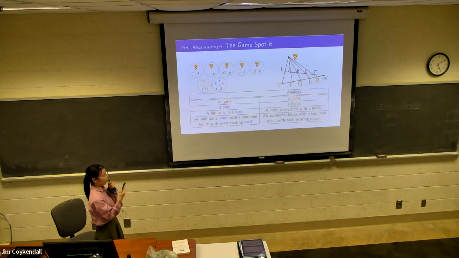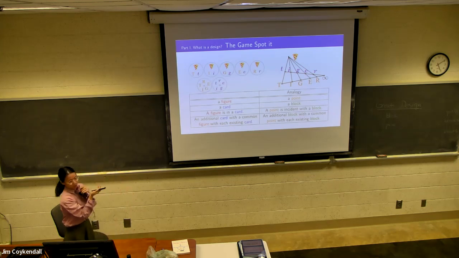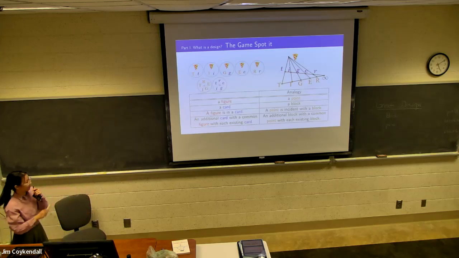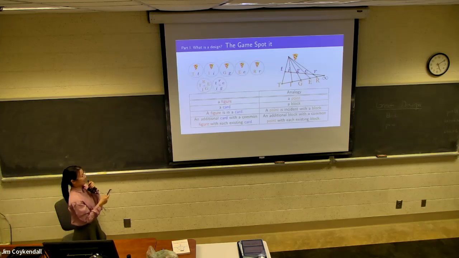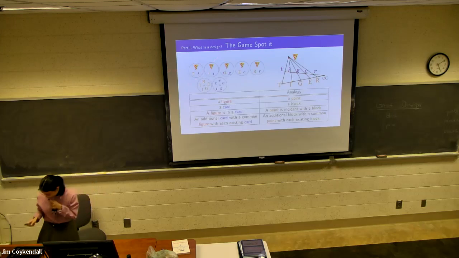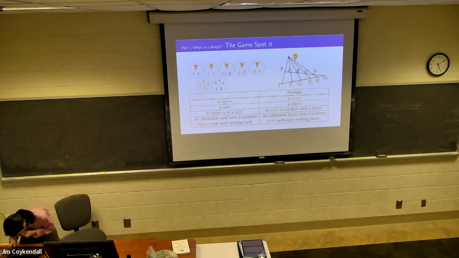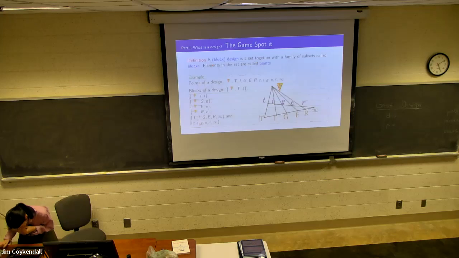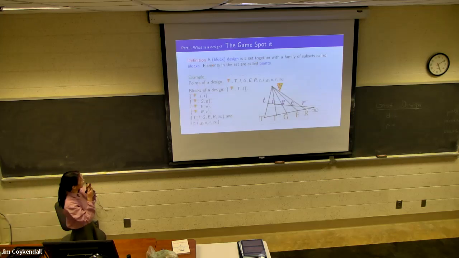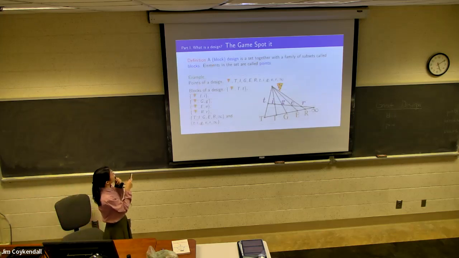If we have common points, then it works. So that is a way to turn the game into a figure. And actually, the mathematicians have a name for what we have made.